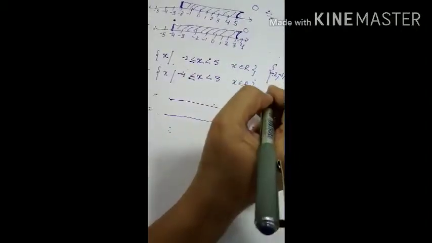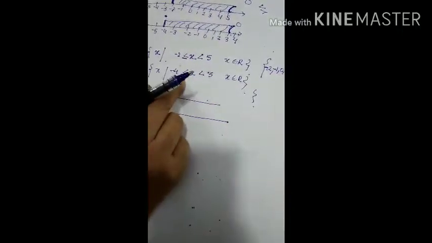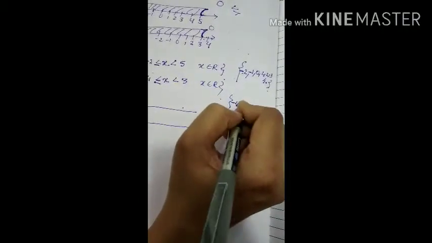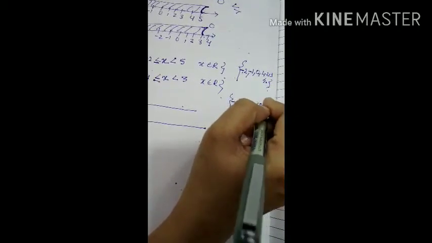And here my x is greater than or equal to, so of course minus 4 is included: minus 4, minus 3, minus 2, minus 1, 0, 1, 2. Since 3 is just less than, I am not going to include that number. Now these two are my sets.